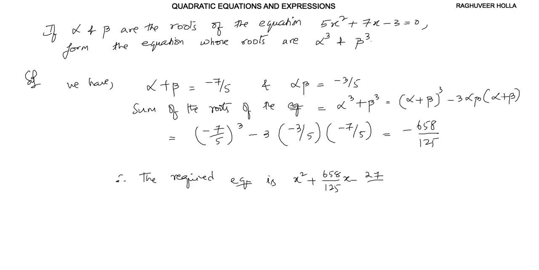This is 27, right? So 27 by 125, which is equal to 0. Or this can also be written as 125x squared plus 658x minus 27 is equal to 0.